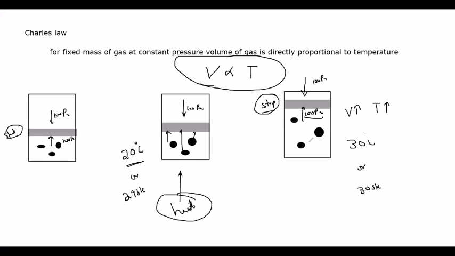So this is Charles law, which states that volume and temperature are directly proportional to each other. Then a similar law is there, which is called the pressure law.